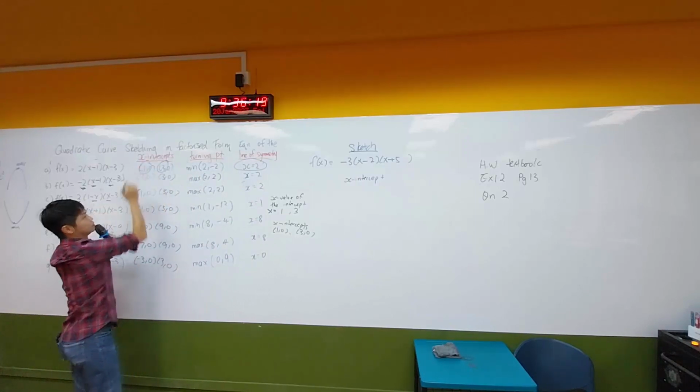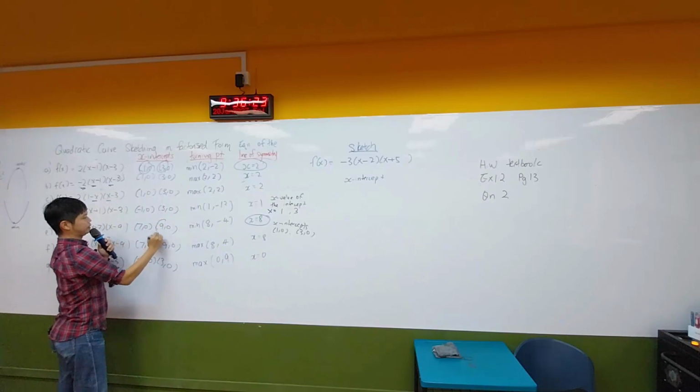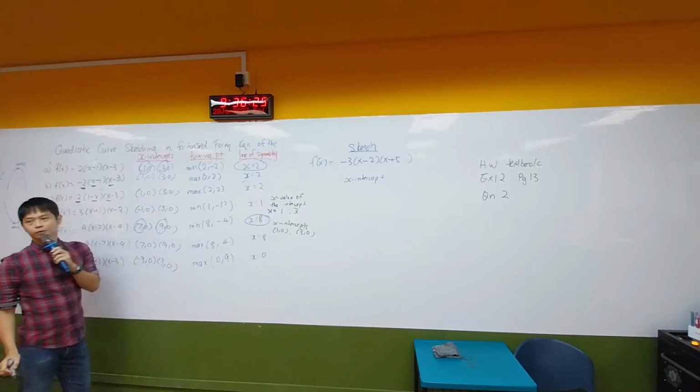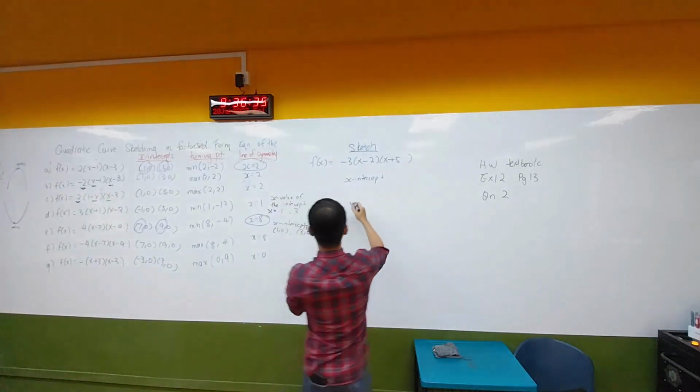What is the pattern between this and these x values? What is the relationship between all these x values? Yeah, it's right in the middle. I will explain why it's in the middle in a short while.